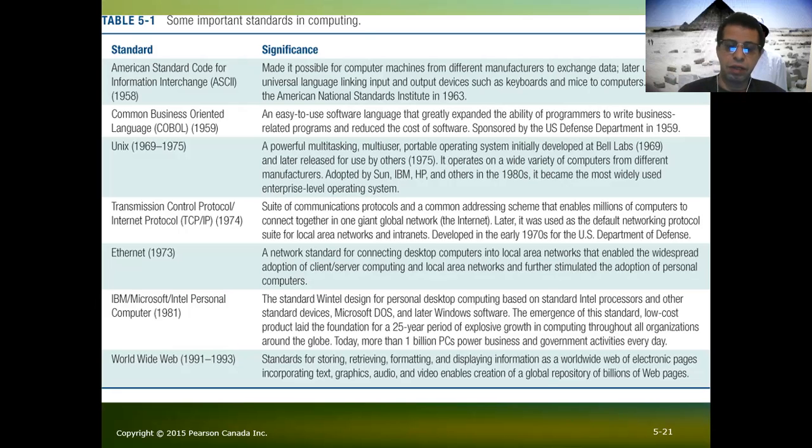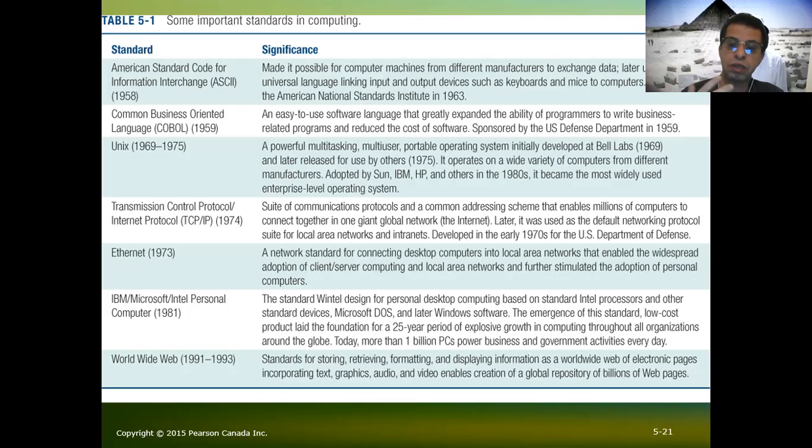Eventually, in 1970, IBM built the personal computer, but Microsoft built the DOS operating system, giving it to IBM and Intel personnel. The standard Intel designed for personal desktop computing was based on the standard Intel processor and other standard devices.